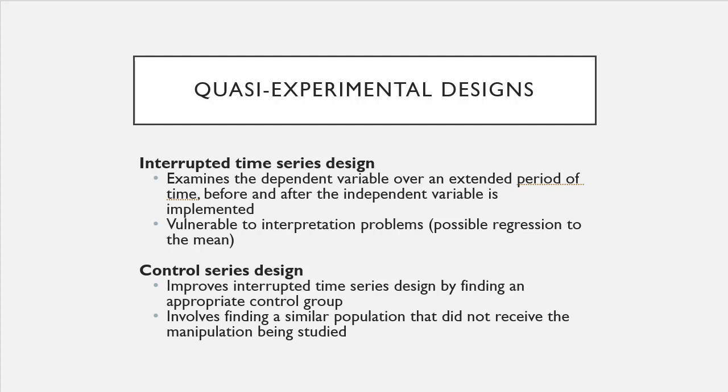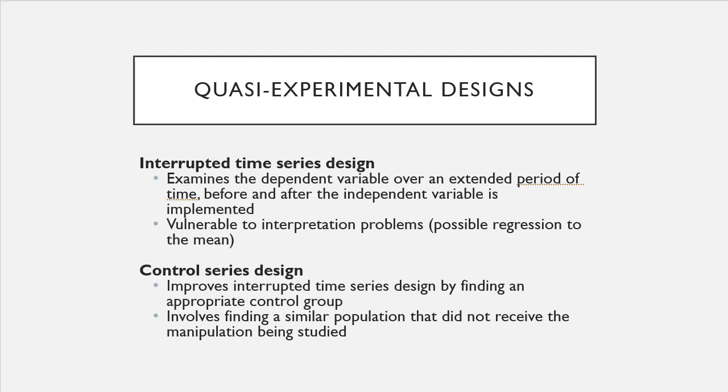The problem with that is that the longer we go through a study, the more likely there are to be other things that are impacting the study that we're not controlling for. So in an interrupted time series design, we want to examine a dependent variable over a period of time before and after an intervention has been introduced. Sometimes there are interpretation problems, and like we've talked about before, there is some regression to the mean, meaning that over a long period of time there could be some variation, but generally it stays within a certain range.